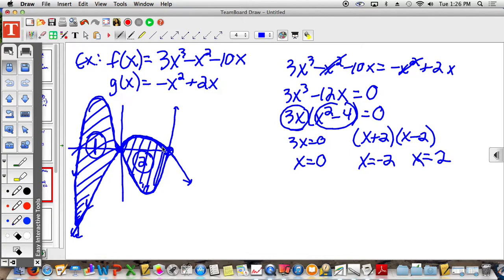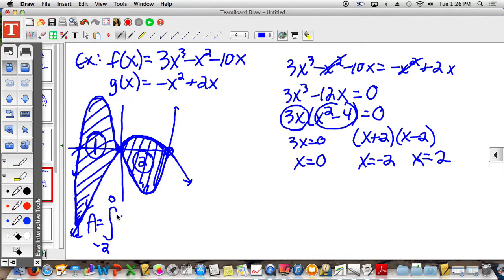Because it's not that it's hard, it's just that it's long. And of course, I'm not very good at that. Usually I run out of room. So the area is equal to the integral of. We're going to do the left one first. So the left one goes from where to where? -2 up to 0. So we're going to put -2 on the bottom and 0 on the top. You told me that the cubic function, which is f of x, is higher than g of x, so I have to put that function first.